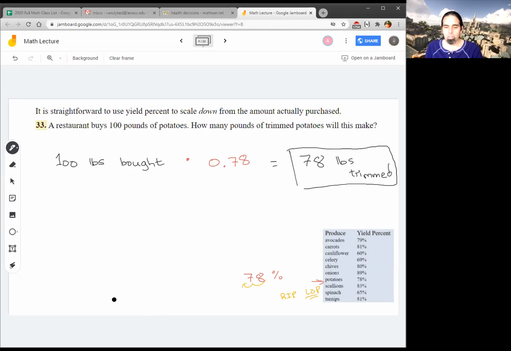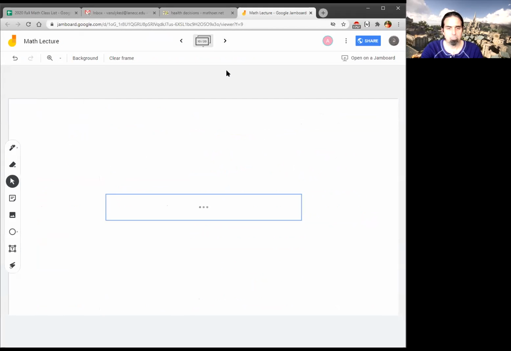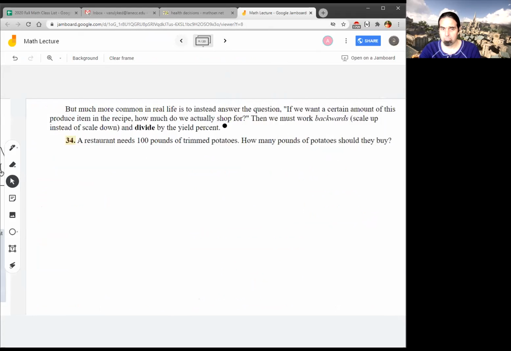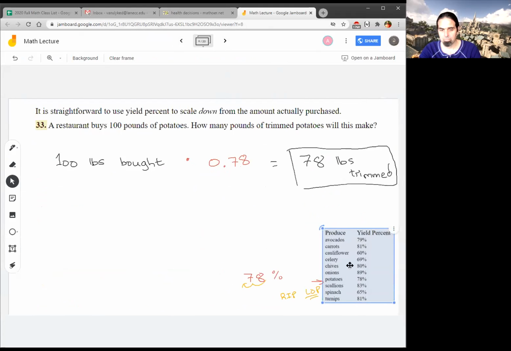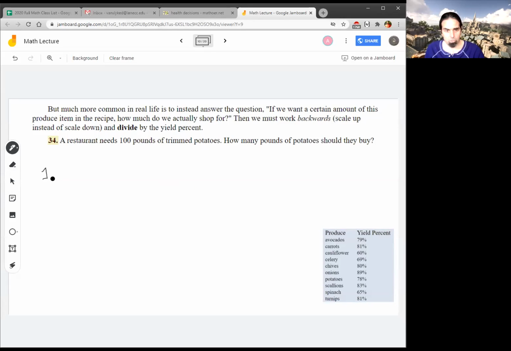Unfortunately, the more interesting case is usually going backwards. So we now have 100 pounds of potato that's trimmed.